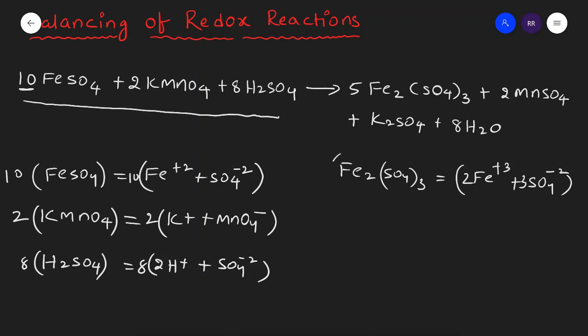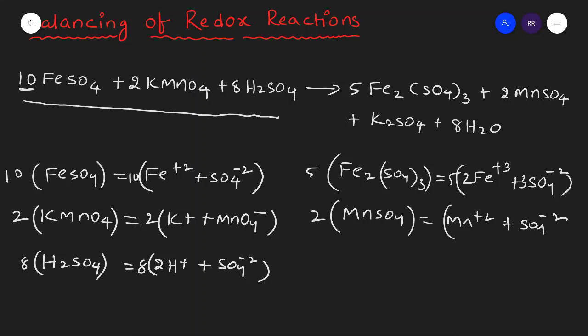And what was the stoichiometric coefficient for this? 5. You write 5 as it is. And MnSO4 can be written as Mn plus 2 and SO4 minus 2. And what was the stoichiometric coefficient? 2. And here also 2.